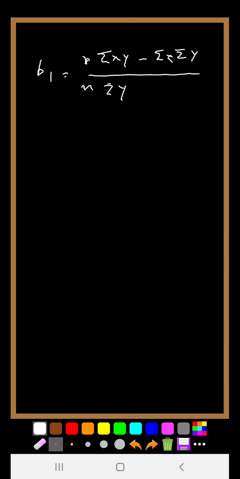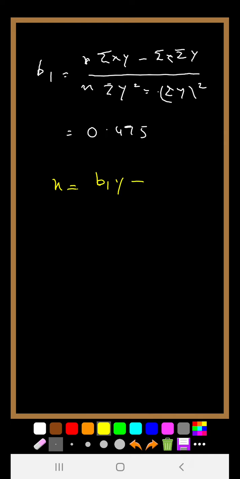Similarly b1 is equal to n into summation xy minus summation x summation y, divided by n into summation y square minus summation y whole square, and we get the value as 0.495.